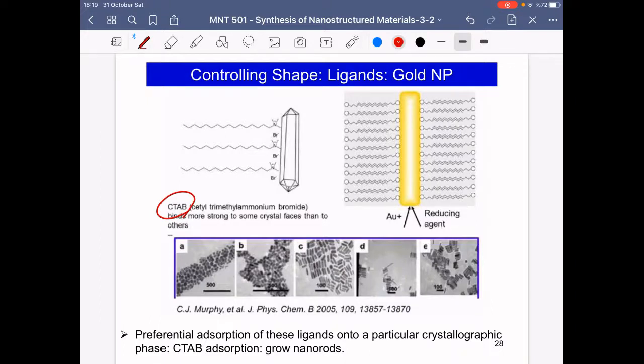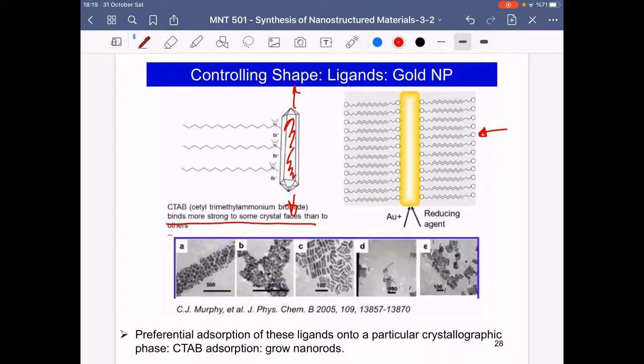It's called cetyltrimethylammonium bromide, and it binds more strongly to some crystal faces than to others. In this case, for example, the ligand is bound to these edges here, and so they stop growing, and this will only grow in this direction, and that's how you get nanorods.